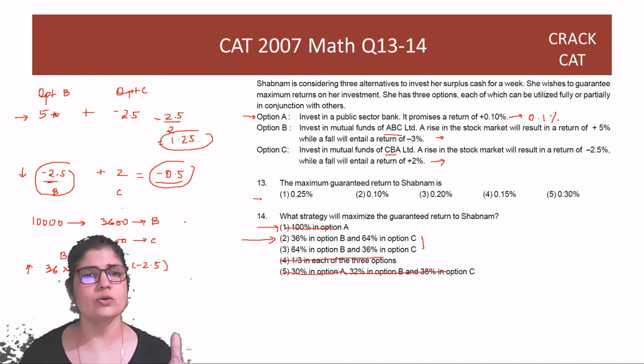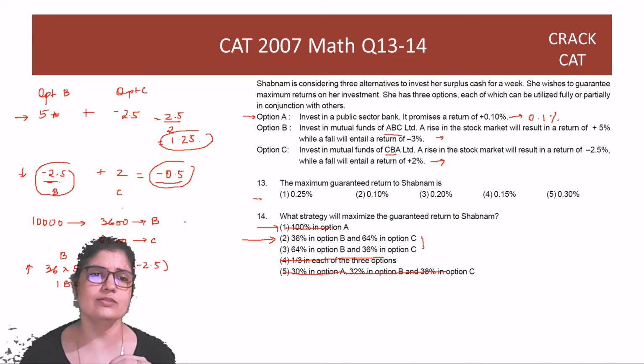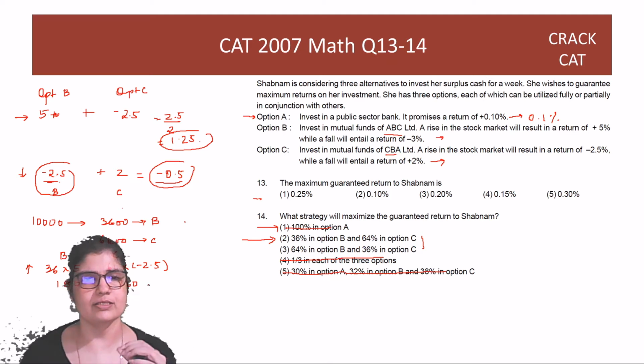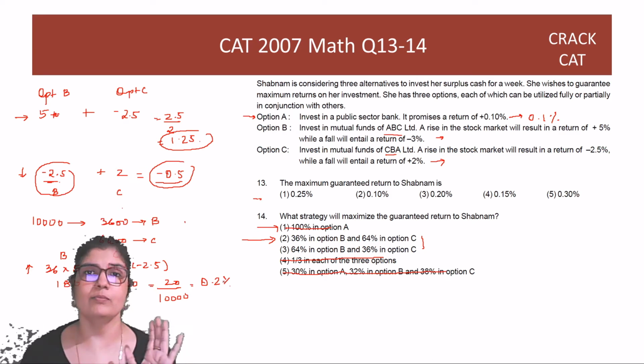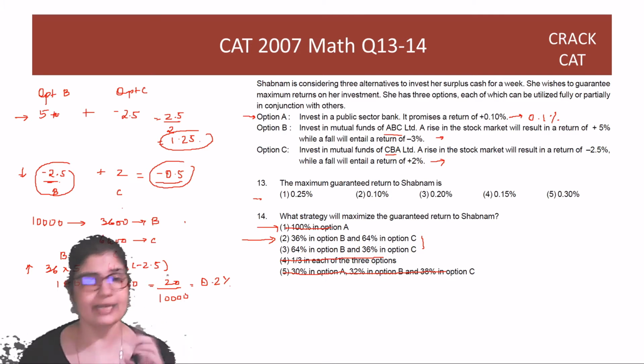So this is going to be, guys, 180, and this is going to be 160. Correct? So plus 180 minus 160, you are getting 20 rupees on 10,000, which is a 0.2% gain, which is more than 0.1%. Okay, this was for the rise.